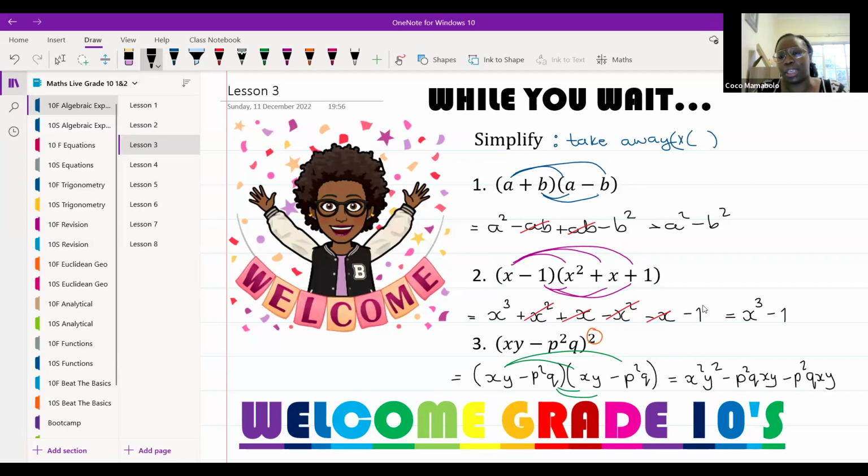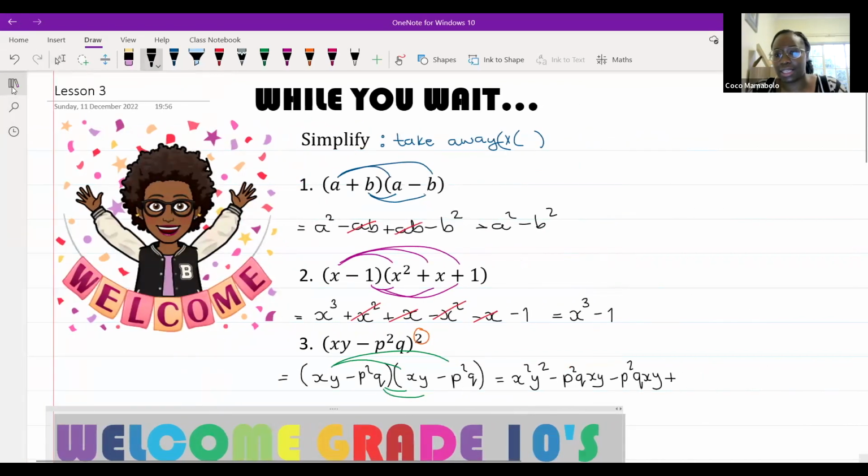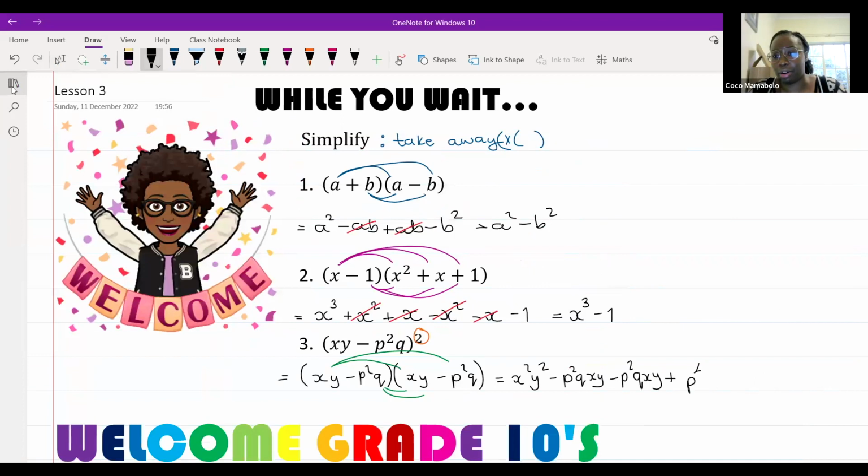And then negative p squared q times negative p squared q is going to give us plus p to the power 4 q squared. Okay, and I'm running out of space, so I need to just move a little bit. Plus p to the power of 4 q squared. All right.